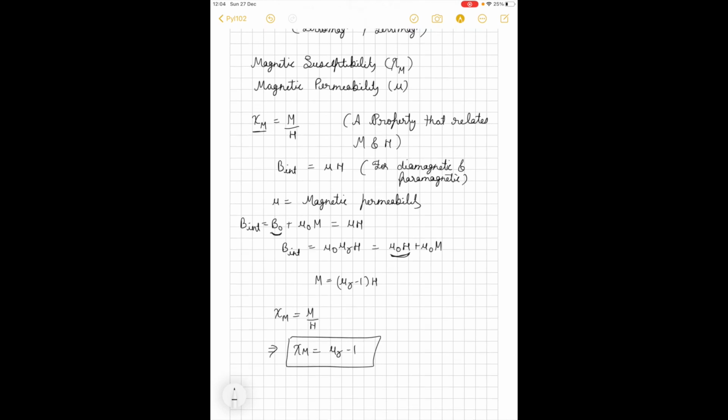It relates the permeability to susceptibility. Or we can also write this as mu R is equal to 1 plus chi m, as we wrote for the dielectric case, epsilon R is equal to 1 plus chi e.